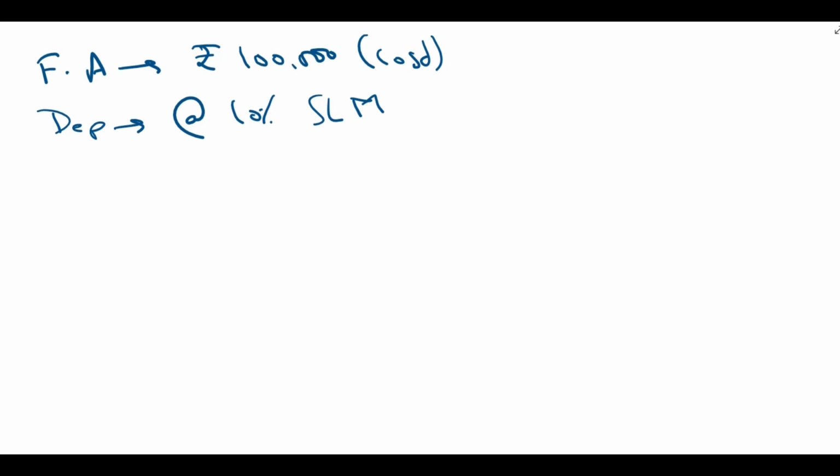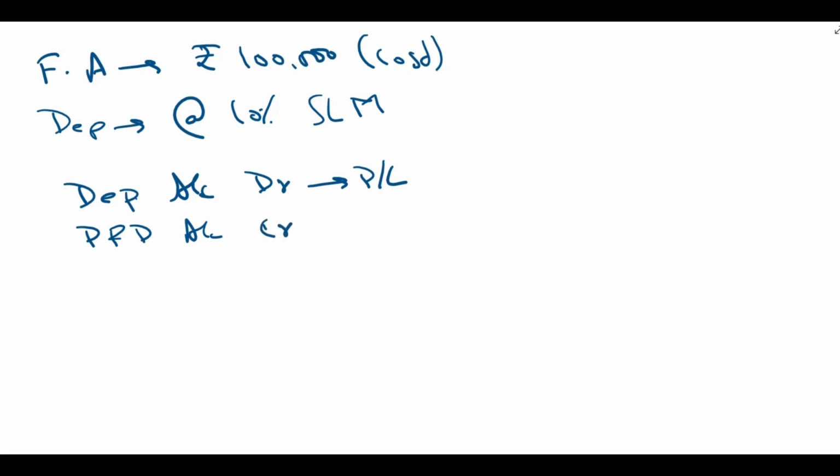The journal entry for depreciation will be depreciation account debit, which goes to P&L, and we will credit provision for depreciation account, which goes to my balance sheet, asset side.